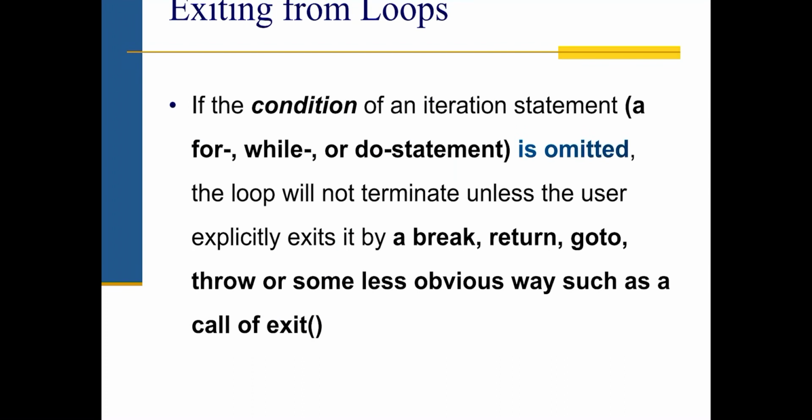And for the exit from a loop, if the condition of an iteration statement, which is the for loop, while or do while statement, is omitted, the loop will not terminate unless the user explicitly exits it by a break, return, goto, throw, or some less obvious way, such as the call of exit.